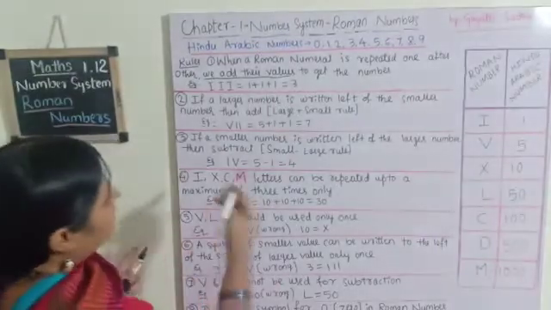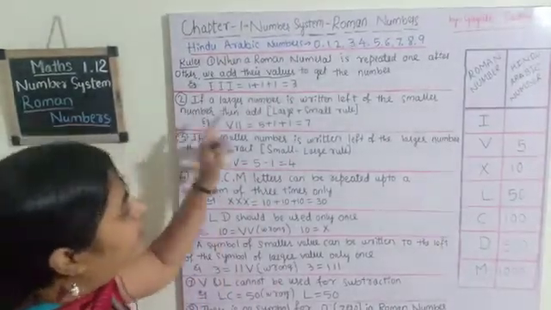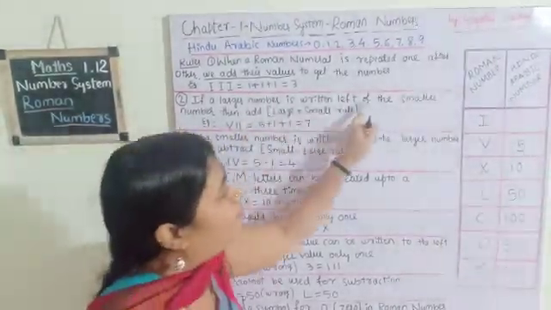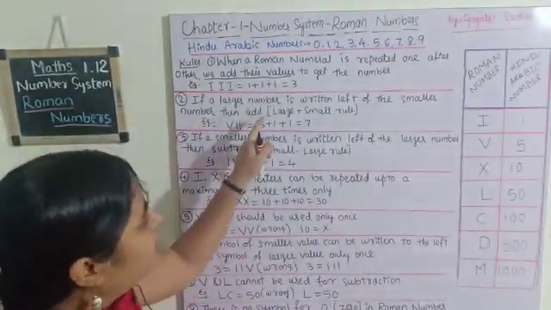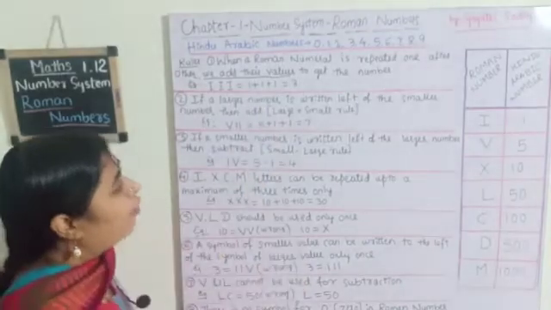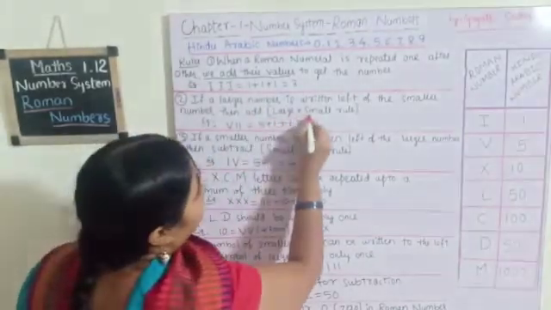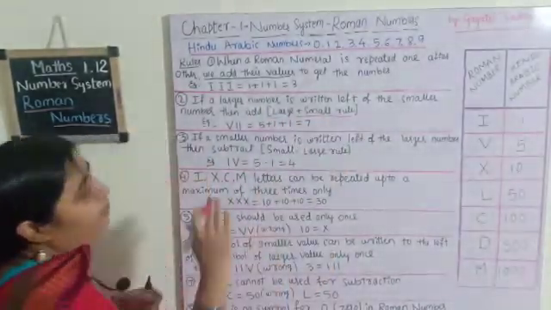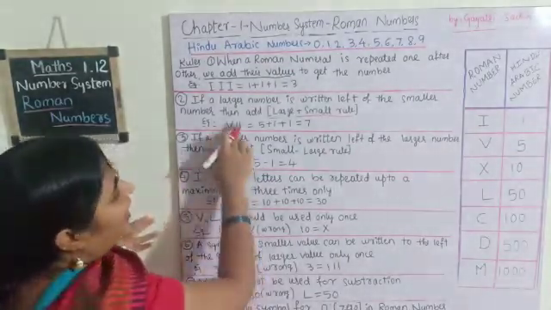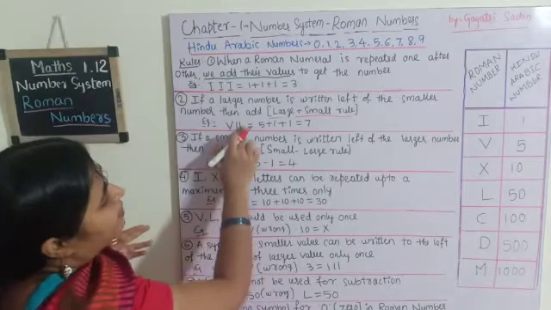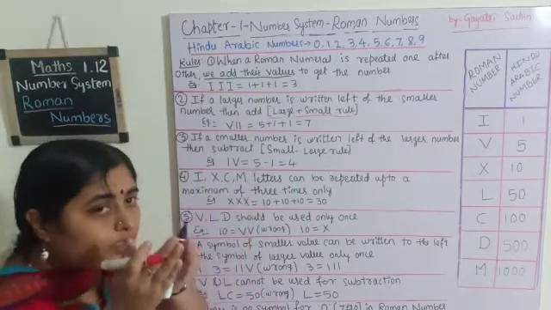Next rule. If a larger number is written left of the smaller number, then add. For simplification, I have made it as the large plus small rule. If a larger number comes before and after that the smaller number comes, we have to add those numbers.